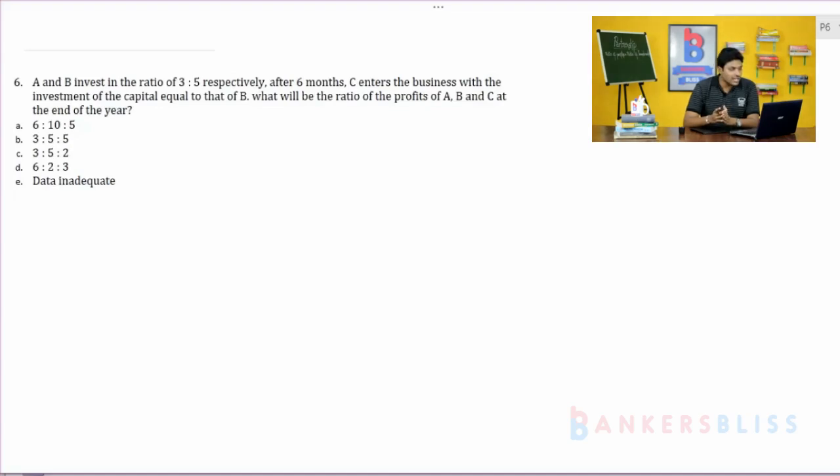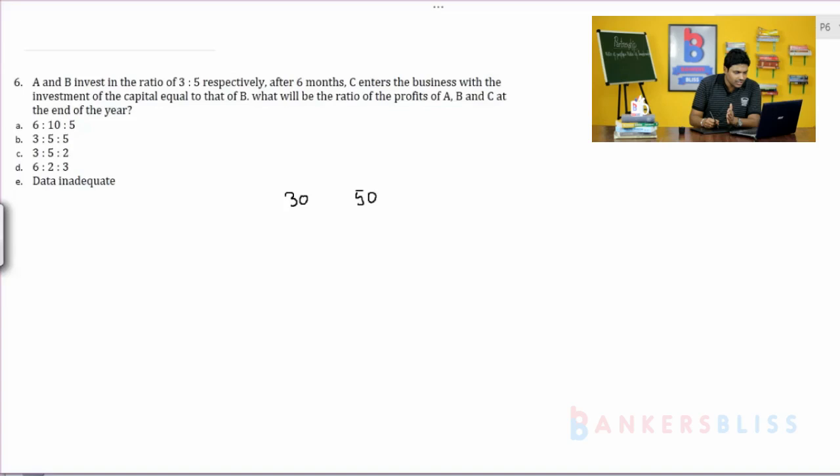They are asking to calculate the ratio of the profits of A, B and C at the end of the year. They have given the ratio of A and B, that is 3:5, and they have invested for 1 year. Let us consider any two numbers in the ratio of 3:5.